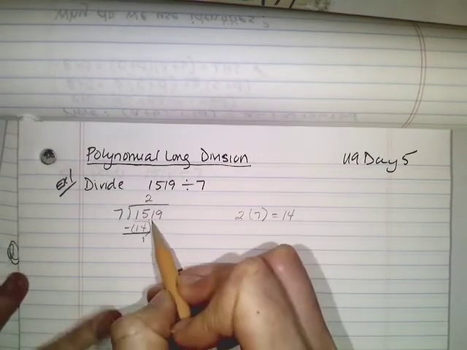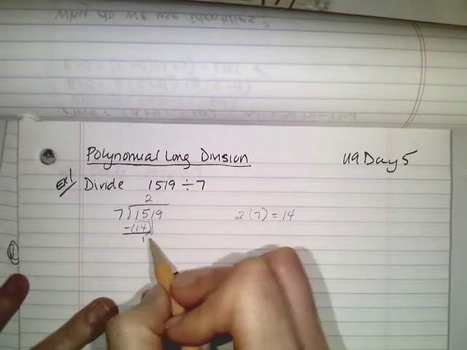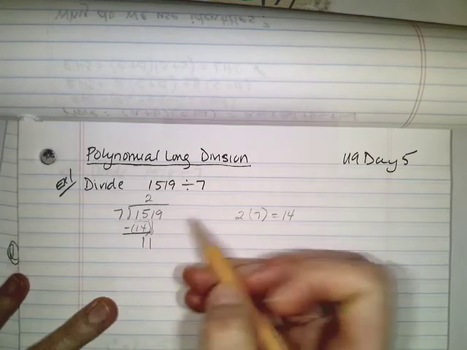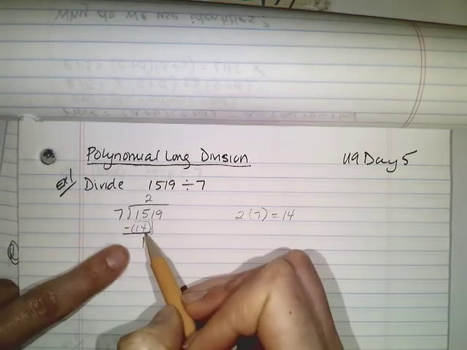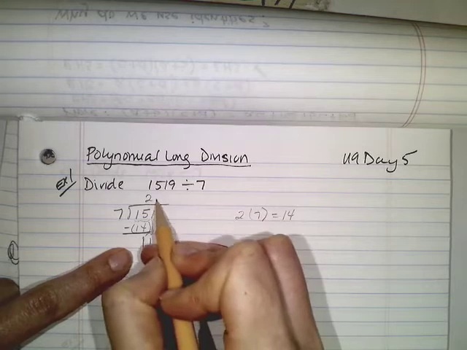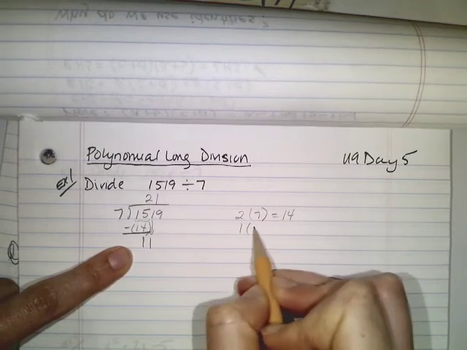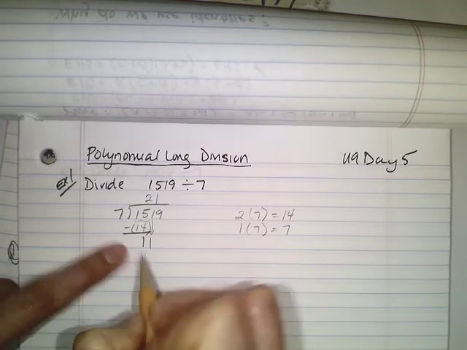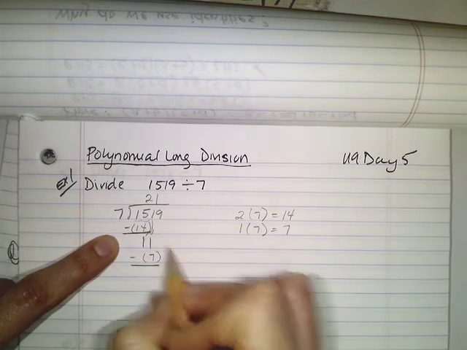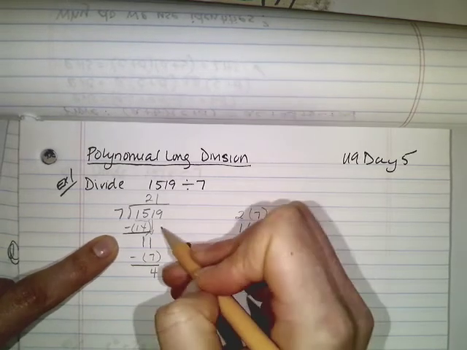And then you bring down the next term, or 1. Then you say, okay, how many times does 7 go into 11? And it goes in once, so 1 times 7 is 7. You subtract that amount, and you get 4. Bring down the 9.